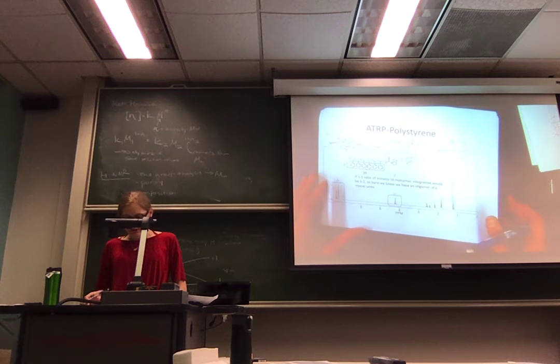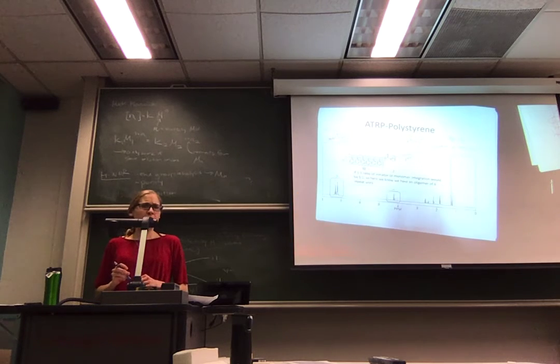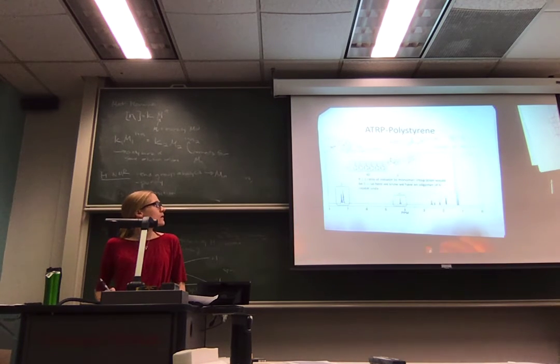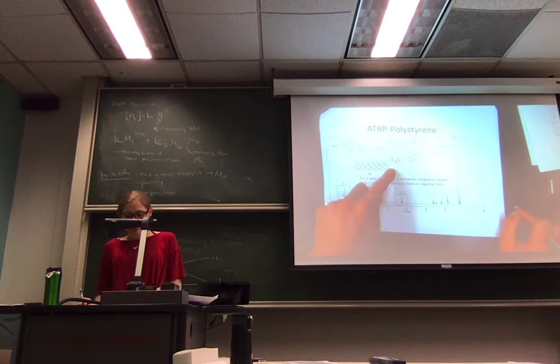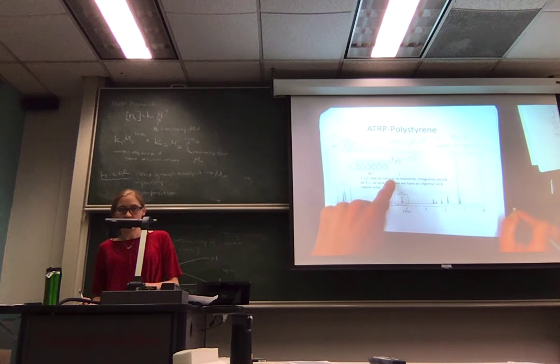So there's only 15 unique protons on the styrene aromatic. Instead of 30, it should be 15, right? Because then you get 6. It's just integration. Yeah, it's an integration of 30. So there are 30 aromatic protons. So 5 times 6 is 30. And then if there's one of those, 1 times 2 there.